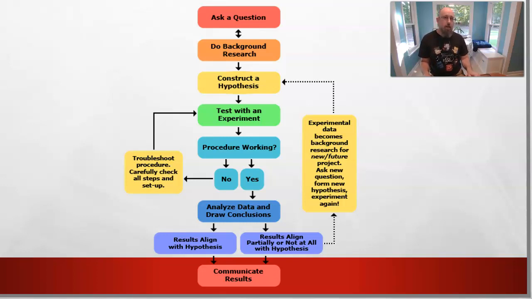If I get data from an experiment and it says that my hypothesis was wrong, I have two choices. I can either discard that data, assuming that my hypothesis is correct, and then go look for more data to support it. And sometimes, unfortunately, this even goes as far as manufacturing data to support it.